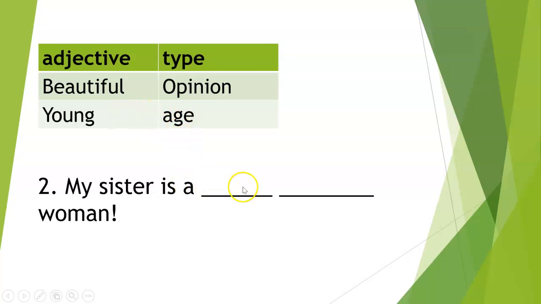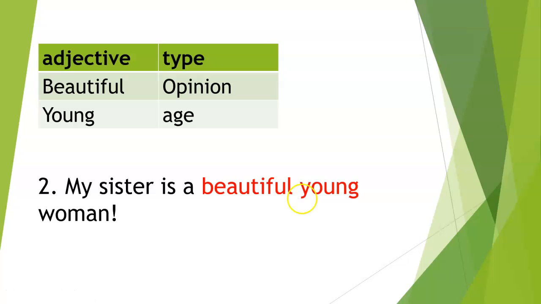Now, when we put them into a sentence, remember, we're going to have opinion first and then age. So we would say this: my sister is a beautiful young woman. Again, we could say my sister is a young, beautiful woman, and nobody would say anything, except that it wouldn't quite sound natural. Beautiful young woman is better.